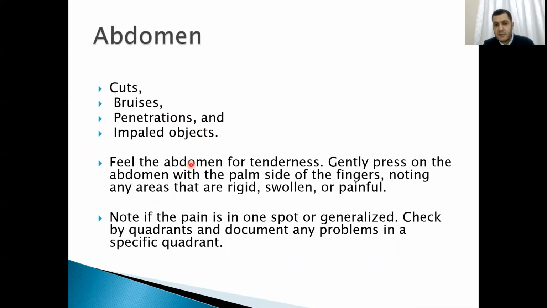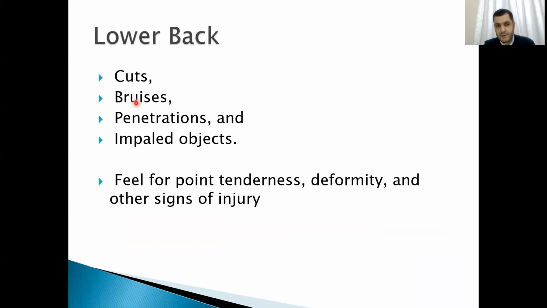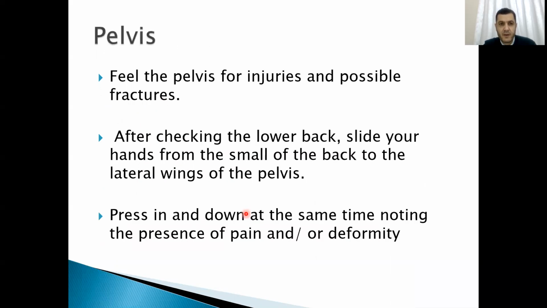Again, you have to look for tenderness, and it's important to determine if the patient has tenderness. Check the site of the tenderness, the quadrant, because each quadrant indicates a certain problem. For the lower back, look for cuts, bruises, penetrations, impaled objects, tenderness, deformity, and other signs of injury.